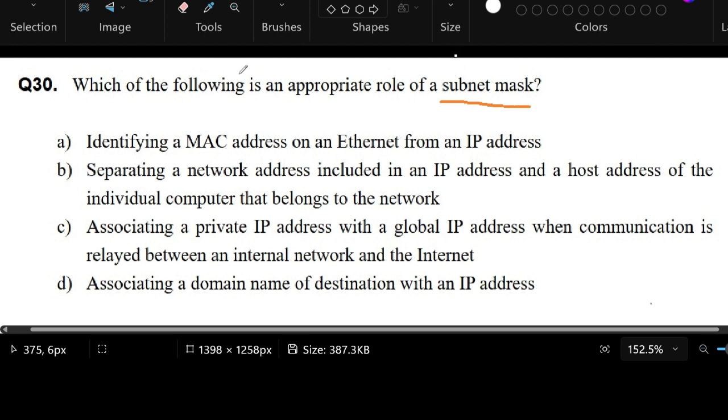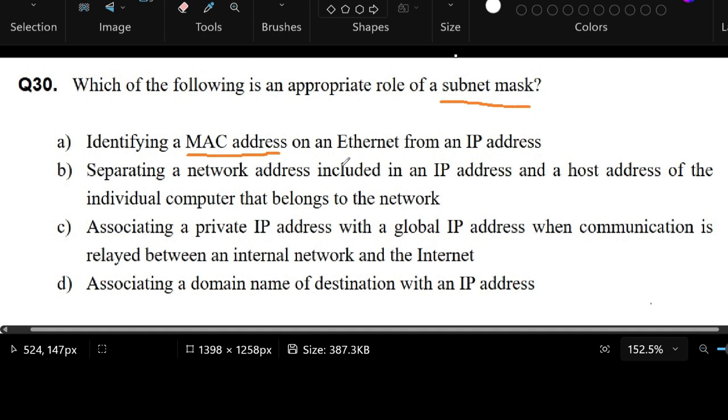So if you go through each of the choices, for letter A, it's saying that the subnet mask is used to identify a MAC address on an Ethernet from an IP address. This one is saying that we can find the MAC address using the subnet mask, but I think you can find out what the MAC address is of your own computer if you just do one of those commands.